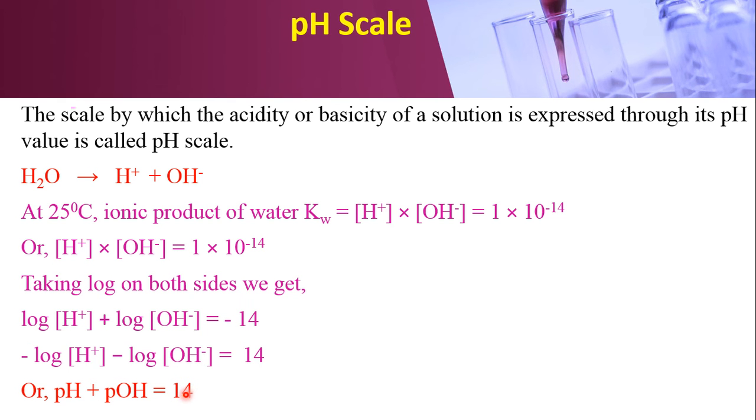This is an important equation for every aqueous solution. That means if an aqueous solution has pH 1, then its pOH equals 13. If it has pH 12 or 10, then its pOH will be 2 or 4. That means every aqueous solution has its pH or pOH value.